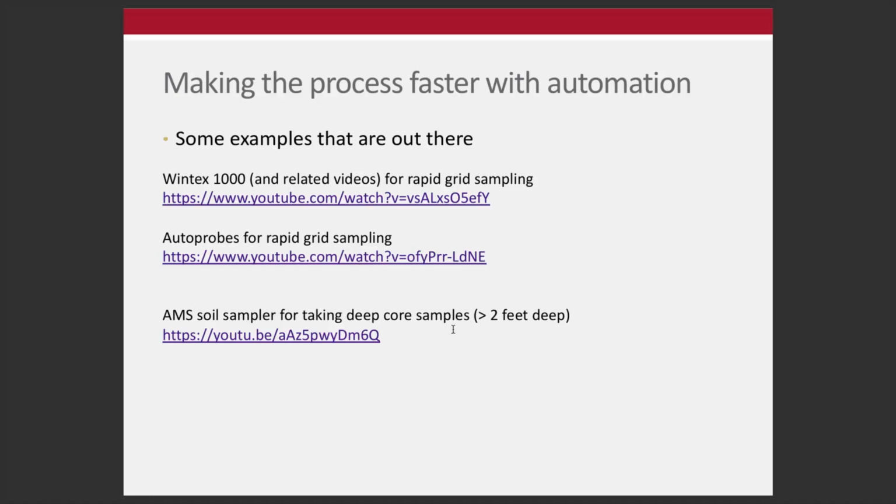This typically wouldn't be what we do for fertility management, but it might be important for other things, if we're looking at soil-subsoil interactions, or even trying to get an assessment of acidity or nutrient levels below what we would consider, maybe not fully below the rooting zone, but something a lot greater than 1.5 or 2 feet deep. We can use these hydraulic direct push cores that have quite a bit of power and can extract soil.